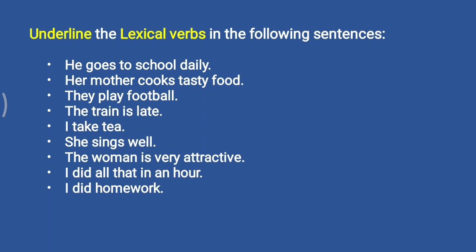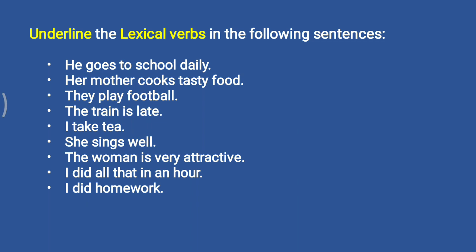They play football. Play is the lexical verb due to its action. The train is late. Here is the lexical verb and it shows state of being. I take tea. In this sentence, take will be underlined as the lexical verb. She sings well. Sings shows an action, so this is the lexical verb.